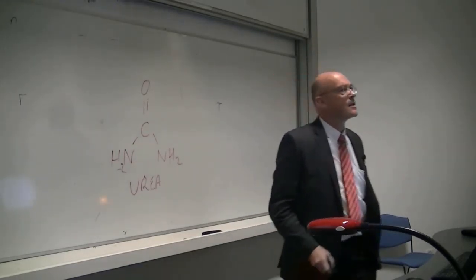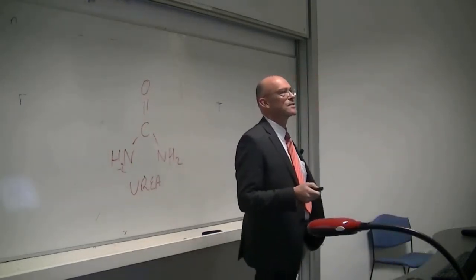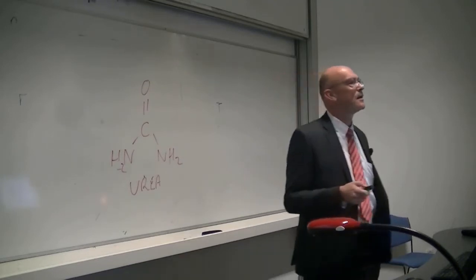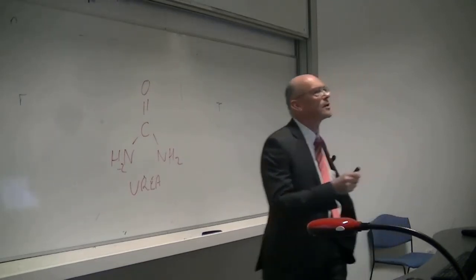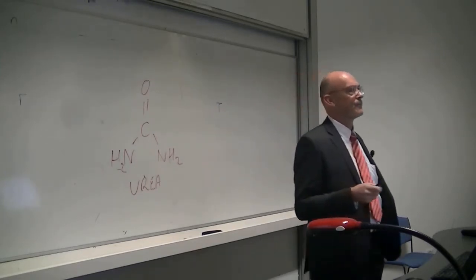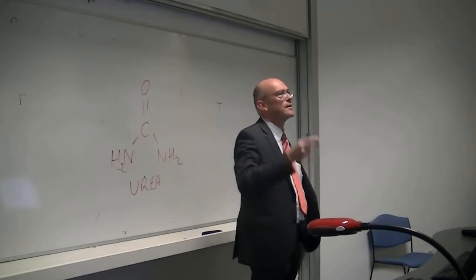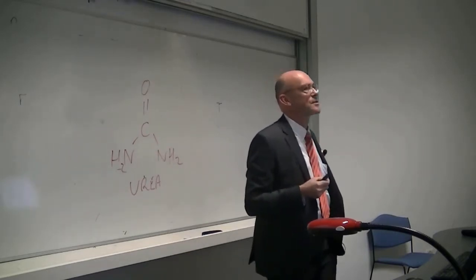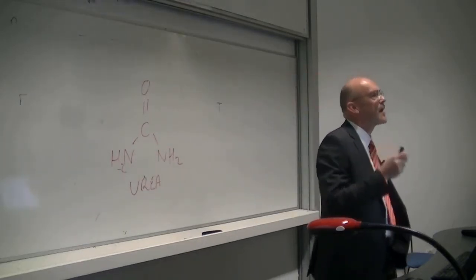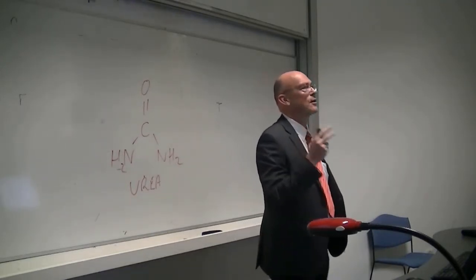So if the carbon skeleton of the amino acid is broken down to acetyl-CoA, can that carbon contribute to gluconeogenesis? The amino acid is broken down and 2 carbon atoms are produced as acetyl-CoA. Can they contribute, those 2 carbons, to gluconeogenesis?